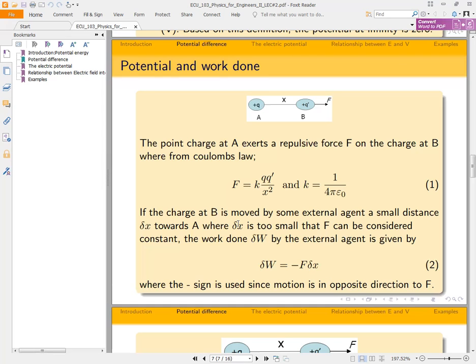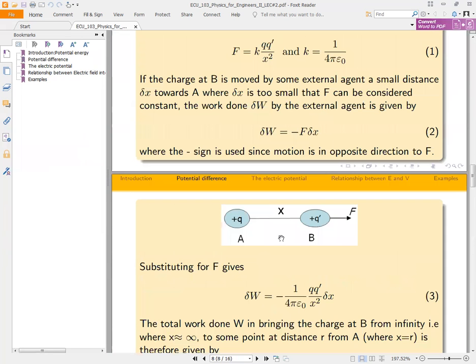Remember, displacement is a vector quantity, force is a vector quantity. So the two are in opposite directions, and that's why you have the negative. Equation number 2 will help us in the next part.